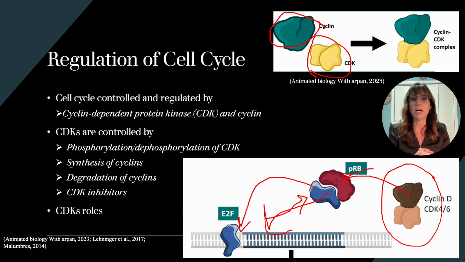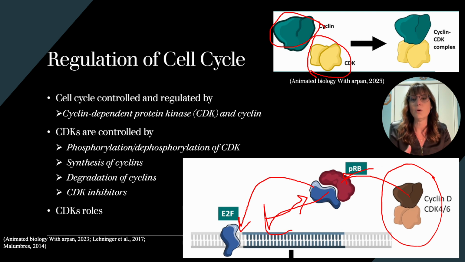Now, what if DNA is damaged in G1 and we don't want the damaged genes to get synthesized and made copies of, because then the new cells will have the mutation? Well, there is a protein that can then inhibit the CDK, and in this one it's called P53. Now, P53 activates P21, which then blocks the cyclin D CDK4/6.